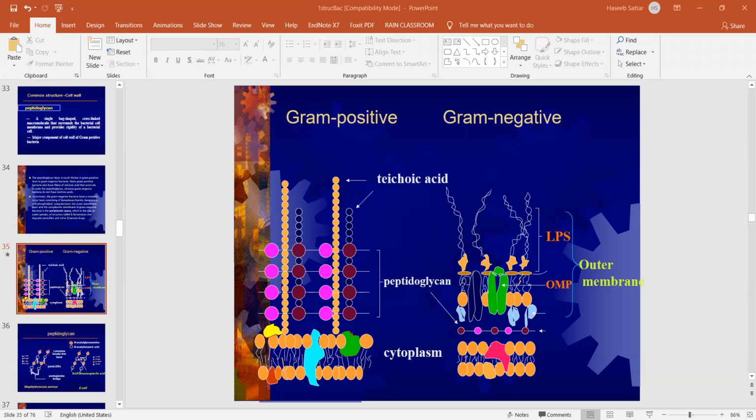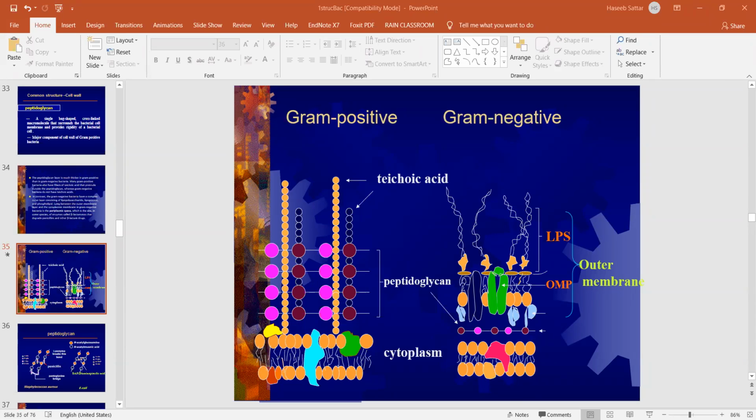This O antigen is a diagnostic or identification point for this bacteria. So in the lab, we can identify this O antigen, and then we can say that the patient has typhoid fever or a Salmonella typhi infection.